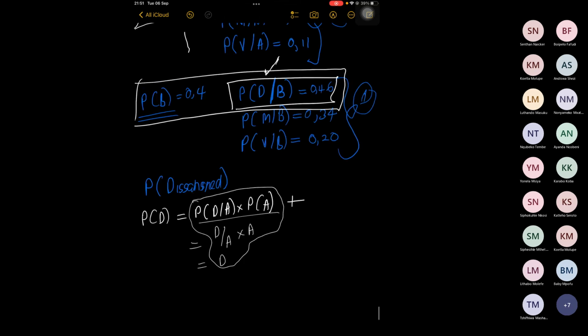So this is for the probability of dissatisfied from A. Then what about dissatisfied from B? It's going to be probability of dissatisfied given B times probability of B. This is just the same as D over B times B, which also gives you D.